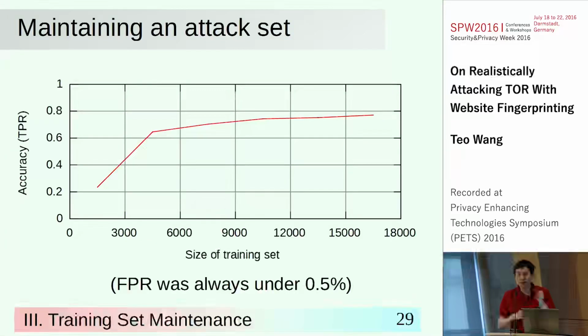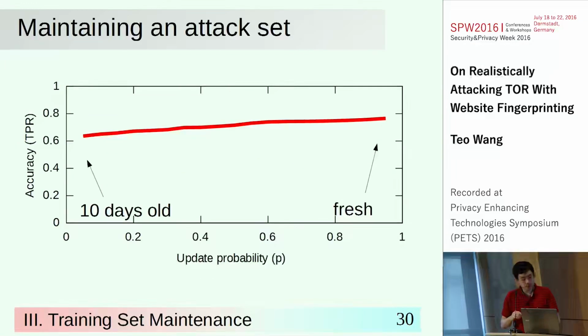Here, there are multiple graphs for this. Here is one of those graphs showing the accuracy. The y-axis is the accuracy of classification. The x-axis is the size of the training set. We can see that if we go to a few thousand elements in the training set, we can already reach a pretty high accuracy. And in this graph, this is the age of the data set, and the y-axis is the accuracy.